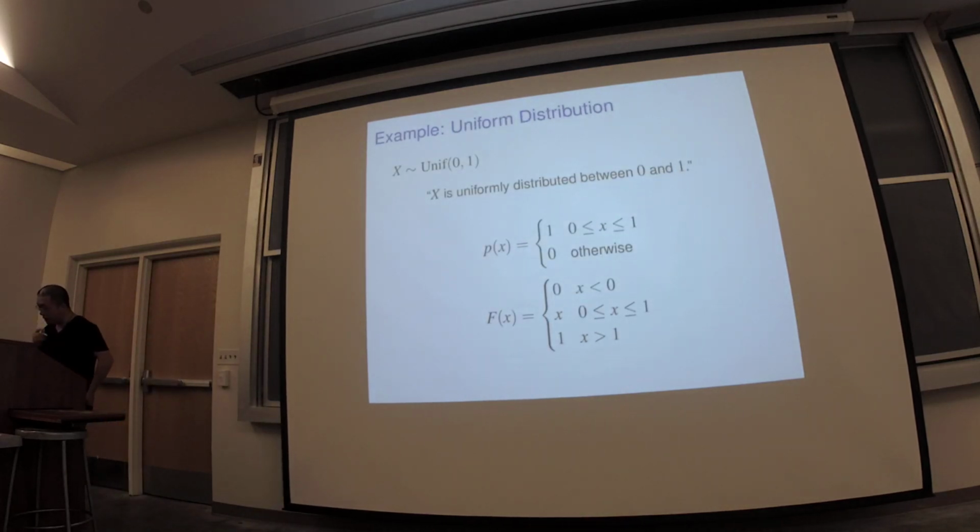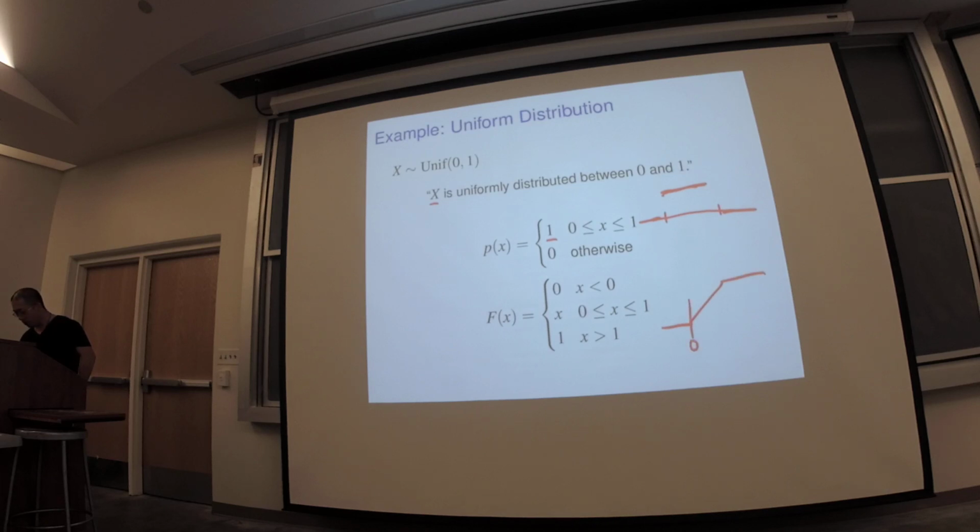And here is one simple example of a uniform distribution. You can have a uniform distribution of random variables, so you have a probability density between 0 and 1. The density is just 1, right? And for all the other places, the density is 0. And you can calculate the cumulative distribution function, which is something like this, right?